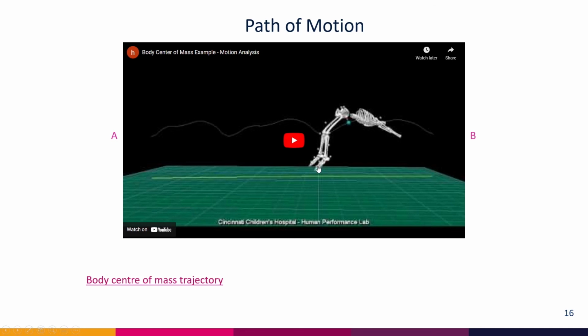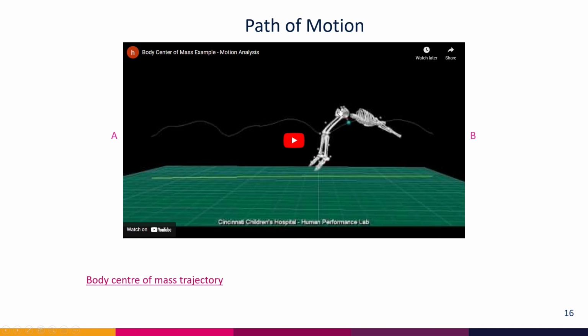And then there's a model of the body which is represented by this skeleton, and you'll see it moving around. There are no hands and no head because those segments weren't tracked.